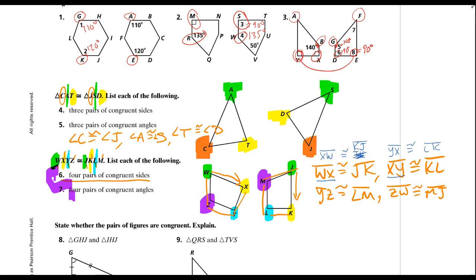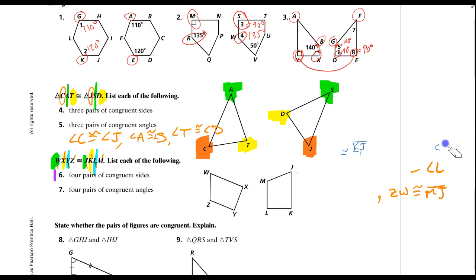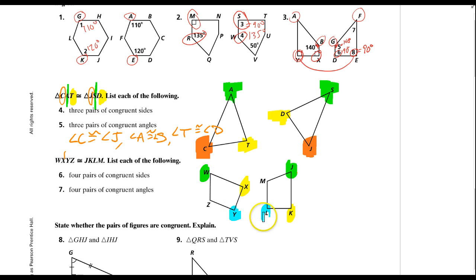How about the 4 pairs of congruent angles? I should have left the color coding, but I didn't, so let's do it all over again. W goes with J. X goes with K. Where am I getting that? I'm getting it from the letter order of the names.